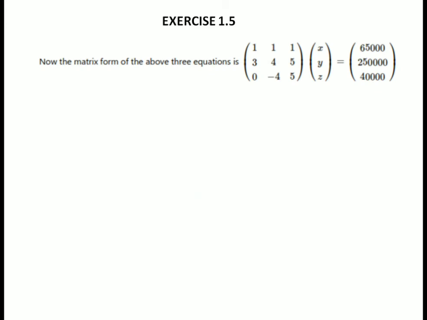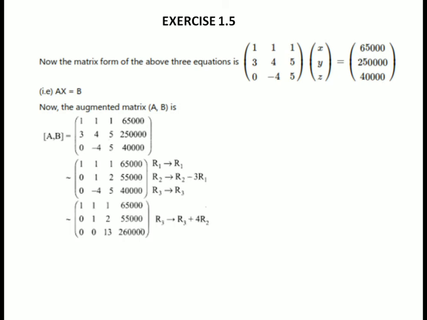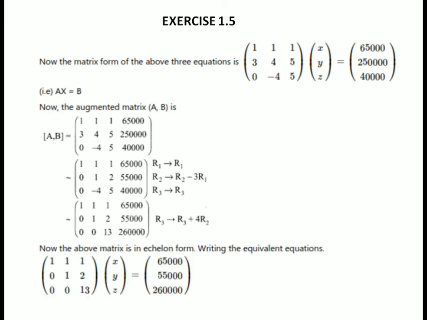After that you write it in the matrix form, AX, augmented matrix. Row 1 to row 1, row 2 equal to row 2 minus 3 row 1, row 3 row 3. Then row 3 plus 4 row 2.